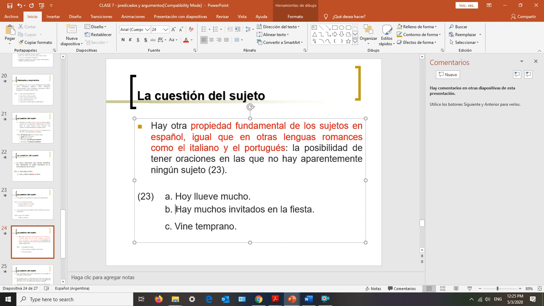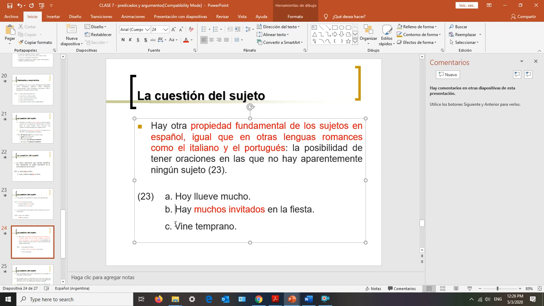This is an impersonal, meaning non-agentive, use of the verb haber, which, different from llover, which does not select for any arguments (it is a zero place), is a one place because it does select for a direct object. But what it does not select for is an agent, right?